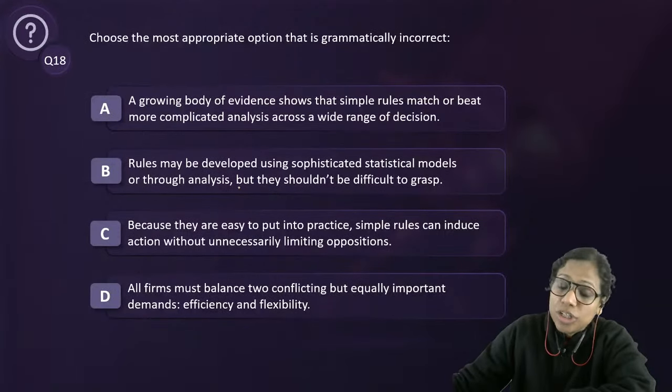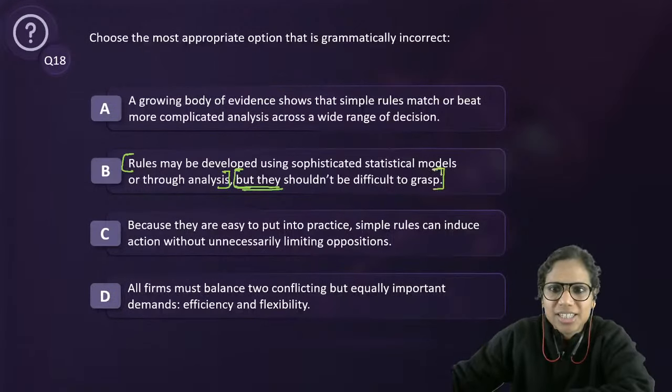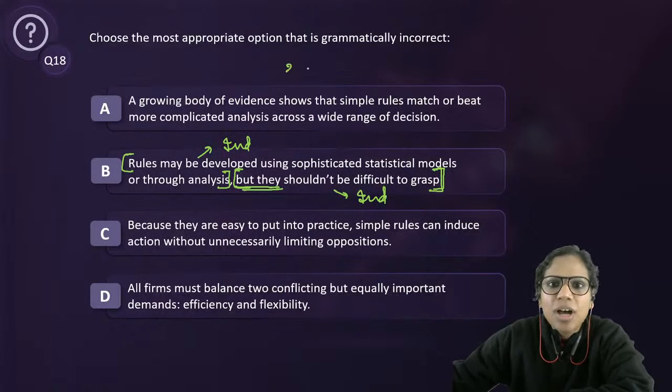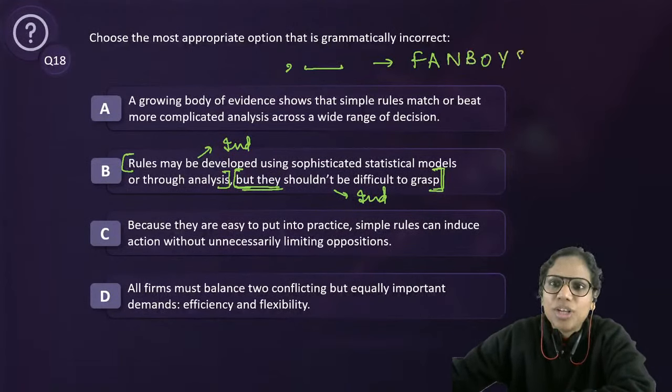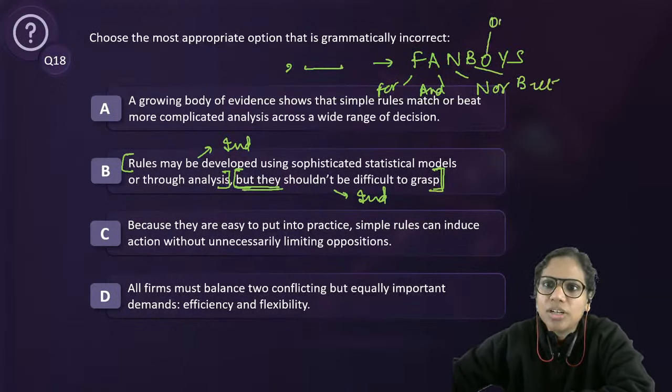See, you can put it, it's not incorrect if you put it, but it's correct this way also. Basically, what you've done here is you are joining two ideas. Because they are complete ideas, independent clauses, you are using a comma plus a coordinating conjunction. Coordinating conjunctions are FANBOYS: for, and, nor, but, or, yet, and so.